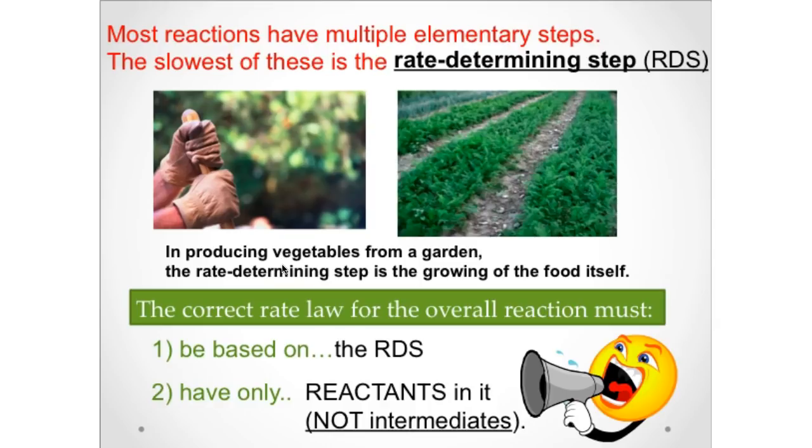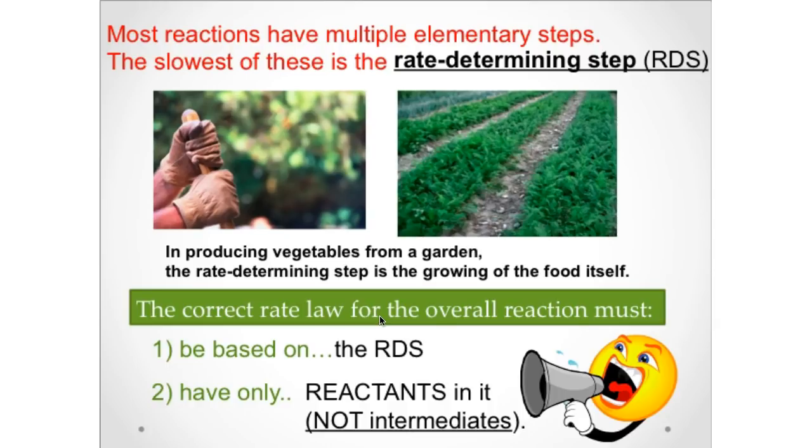Let's say you're trying to make vegetables. At ESAT we have a garden, and some students try to make vegetables out of this garden. The hardest part of actually producing vegetables or food is the growing of the food itself. That is the most difficult part, and everything else is easy.